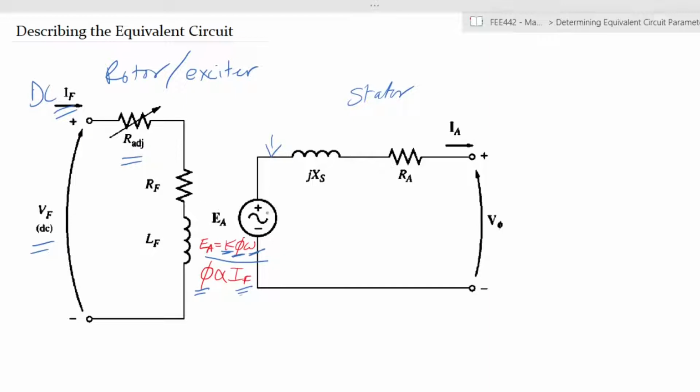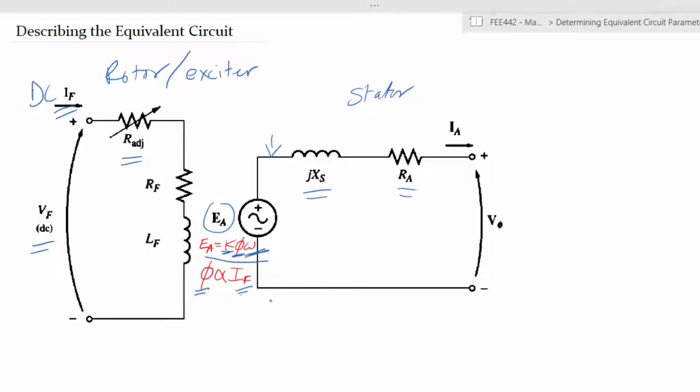We would want to determine the induced voltage, the synchronous reactance, and the armature resistance. In the case of the induced voltage, you already know the speed at which the motor is being run, but you don't necessarily know the flux. But to some extent, you can determine how much the flux is, because flux is proportional to the field current.